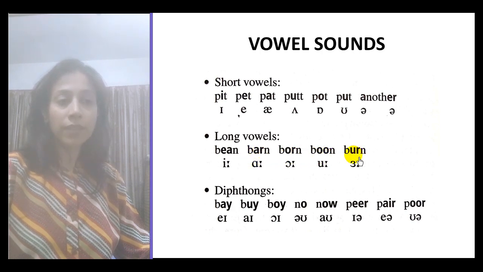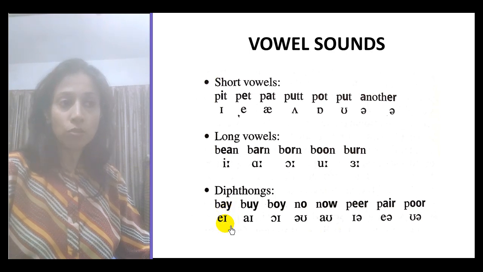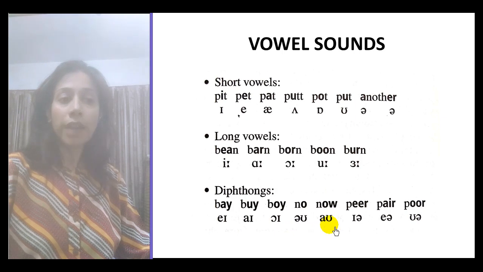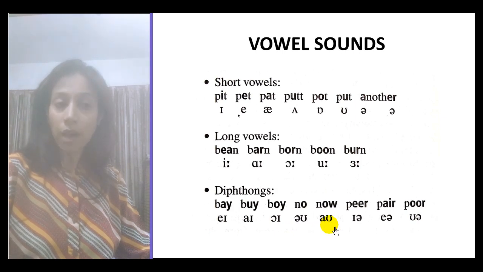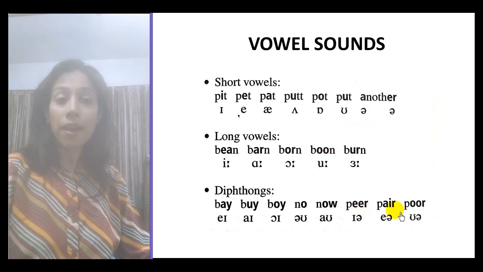Now we have the next set of diphthongs here, which are 8 in number. As you can see, these diphthongs are formed by putting together 2 short vowel sounds. So you have A as in bay, I as in buy, oi as in boy, oh as in no, ow as in now, ear as in peer, air as in pear, ua as in poor.